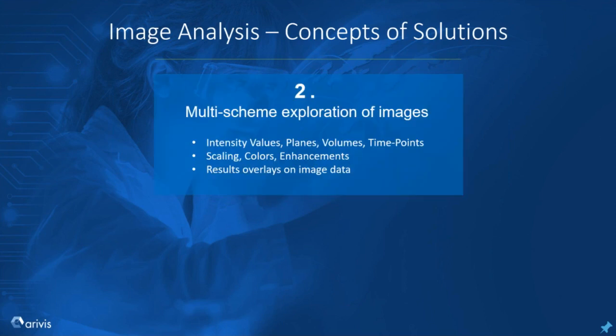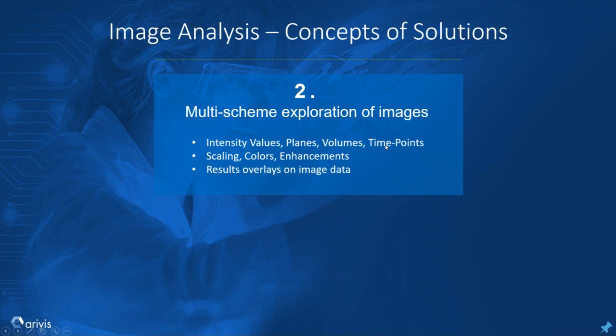Two is that we need a multi-scheme exploration of the images. As we saw, the imaging instruments can have dynamic range greater than our eyes. So at least in the software, we want to be able to examine these various intensity values. We also want to be able to move through the planes seamlessly. We'd very much like to represent these arrays of pixels as volumes and make them appear as they appear in the real world.